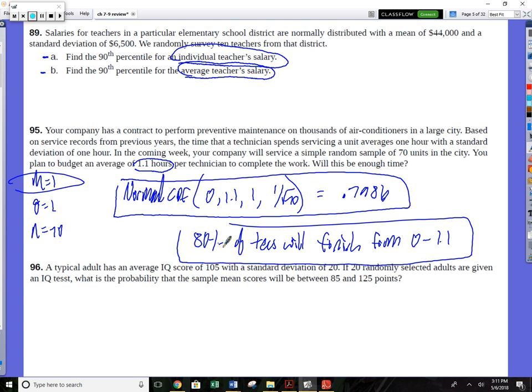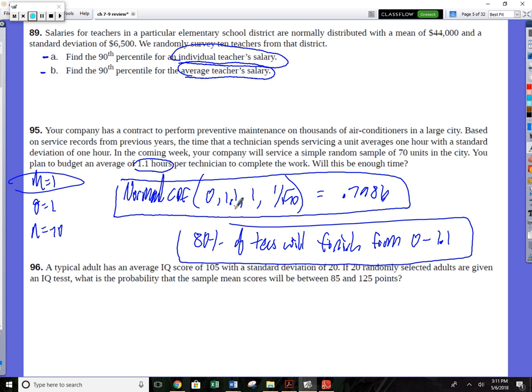Well, if your data says 80% of them will finish from 0 to 1.1 hours, that's 20% of them are not. So 20% of them are going to fall behind. So you probably want to up this 1.1 hours to something like 1.5, and do it again until you can capture almost everybody. But you don't want to schedule too much, because then you'll have them time to kill. They're on the clock with nothing to do. So that's a pretty sweet problem.